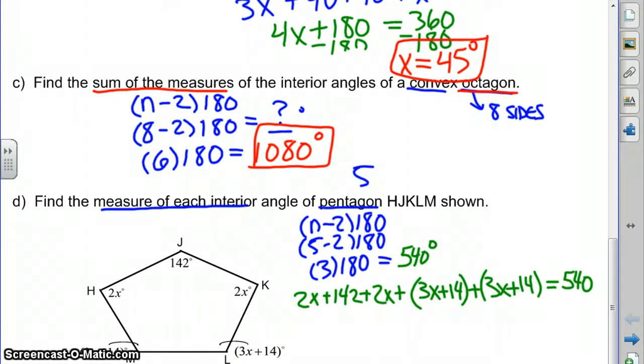Now we'll combine some like terms. I have 2x, 2x, 3x, and 3x. So that's 4 and 6 is 10x. 142 plus 14 plus another 14 is 170. And all of that is equal to 540 degrees.